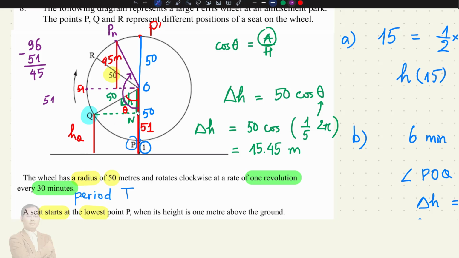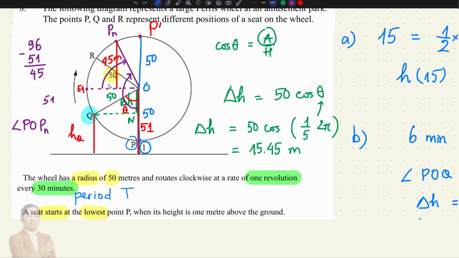So to find the angle POPN, I just need to find this angle first and then add 90 degrees to get the answer. You'll see later the reason why I need to find this big angle, an obtuse angle.